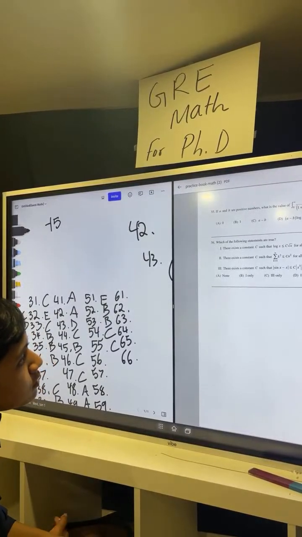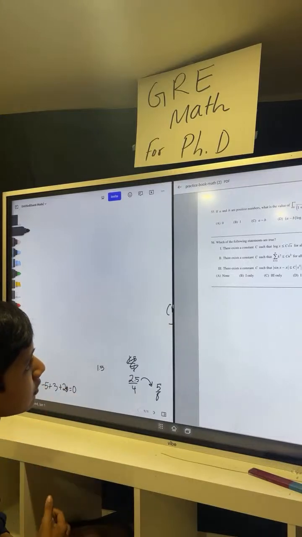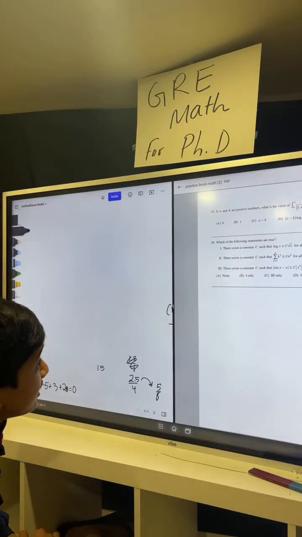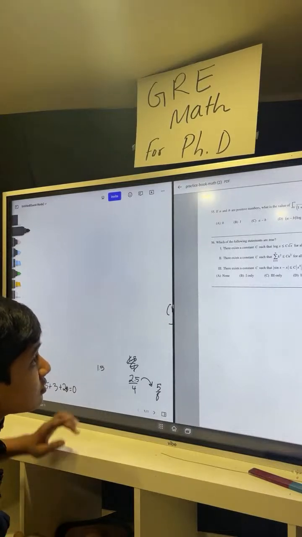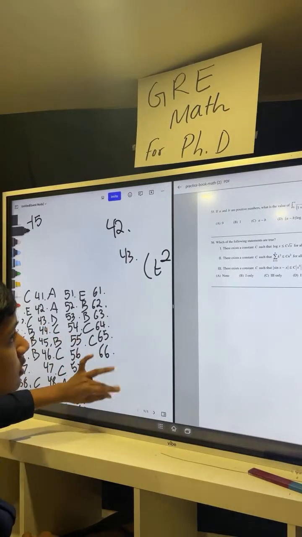What about 2? No, that is definitely not true. That is most definitely not true. No, that grows way faster. Why?